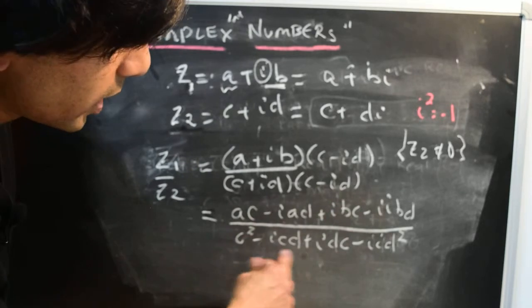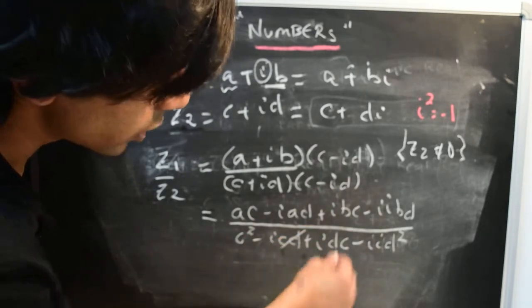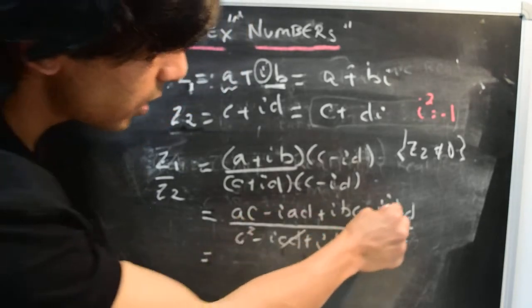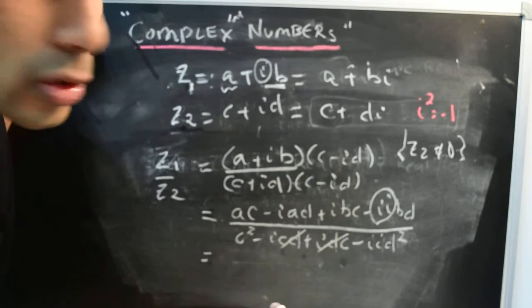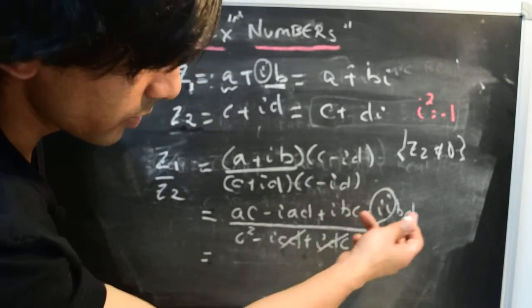Now again, the real numbers commute, so this minus i times cd is actually equal to i times dc, so this cancels out. And in the numerator, we have an i squared here, which is minus 1. So overall, we have a plus sign here because minus times minus gives us a plus.